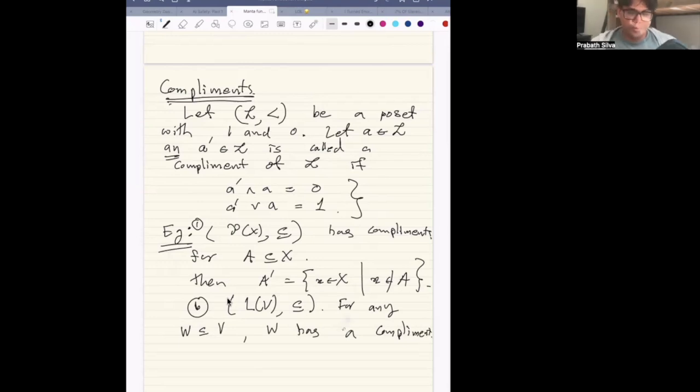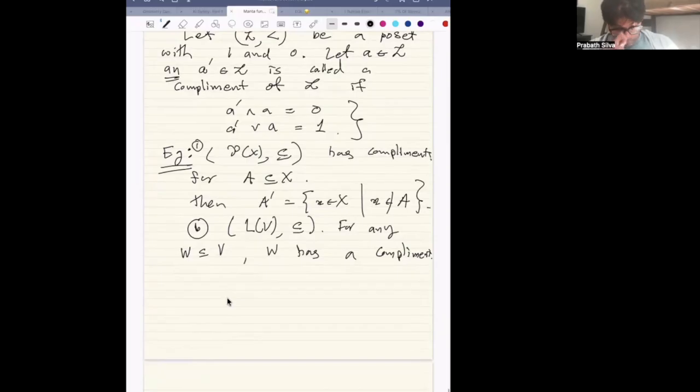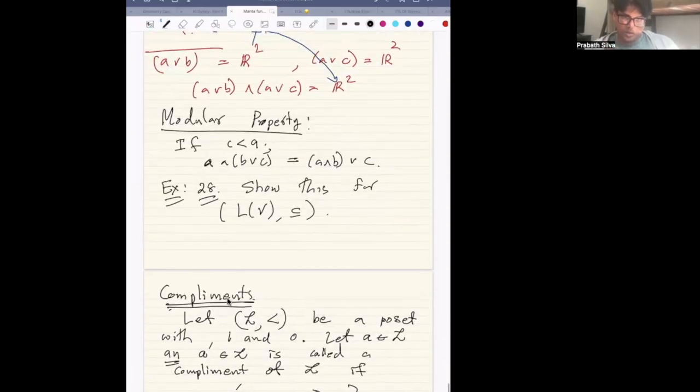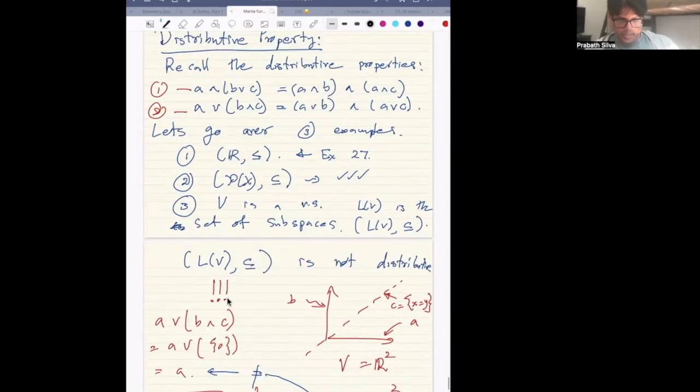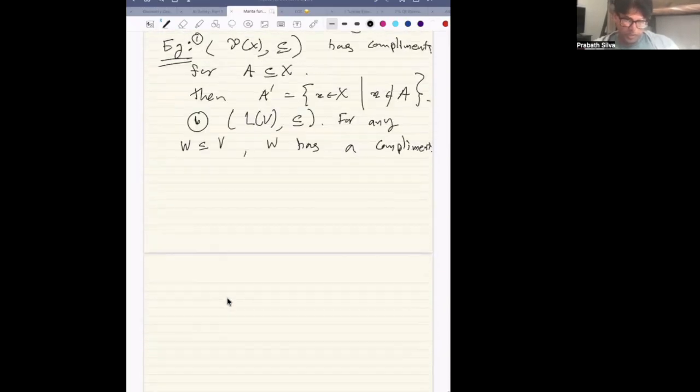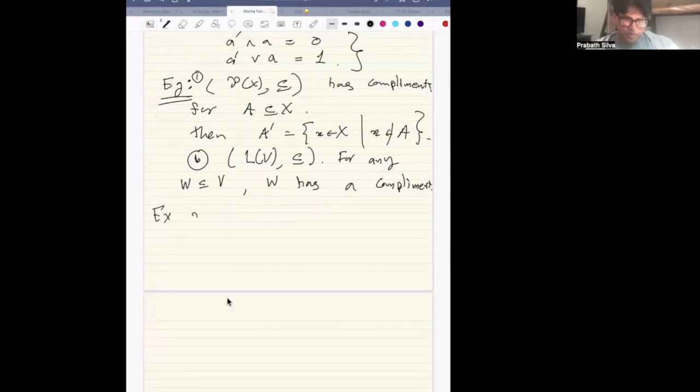Okay, so let me give this as exercise 28, part 1: prove that this works.